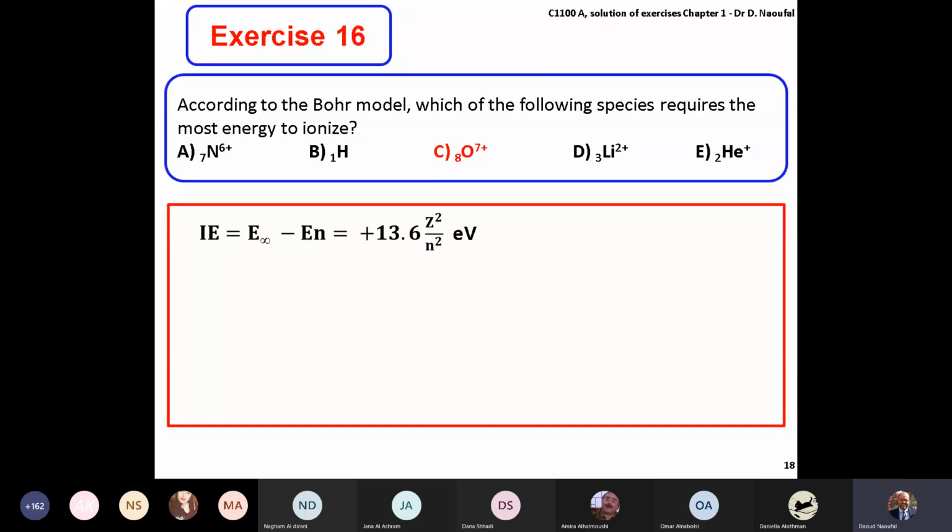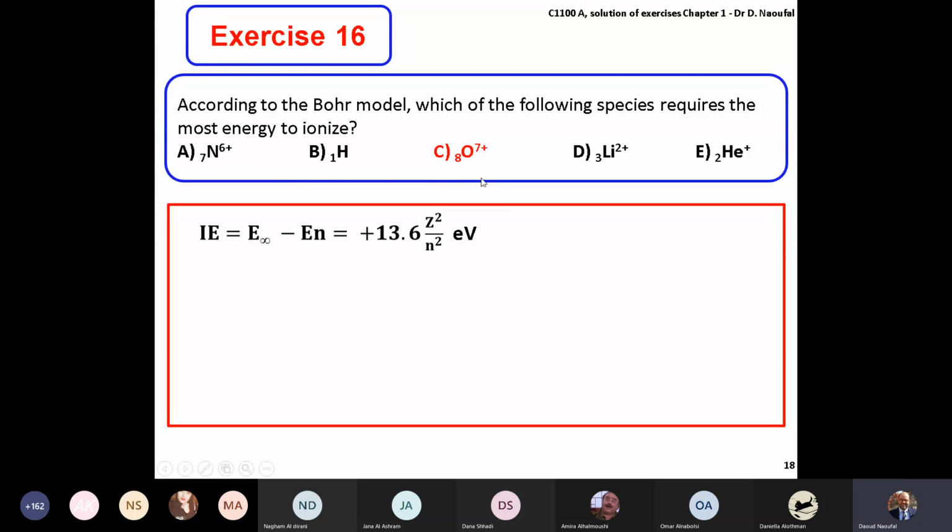The ionization energy equal plus 13.6 Z square divided by n square in electron volt, or you can say the ionization energy equal plus 2.18 10 to the power minus 18 Z square divided by n square in joules. So the ionization energy is inversely proportional to the energy level of the electron and directly proportional to Z square.